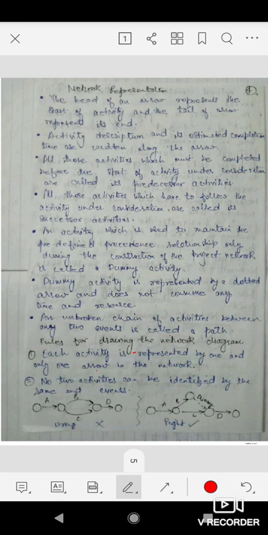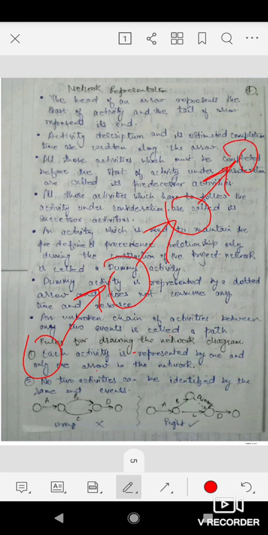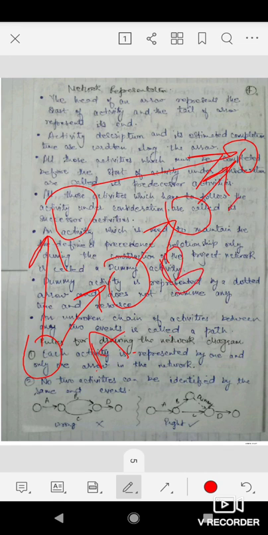I can show you here. This is activity A, this is B, this is C, this is D, this is E. So here we have two paths: A, B, C is one path, and D and E is another path.